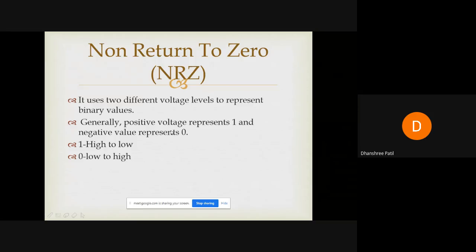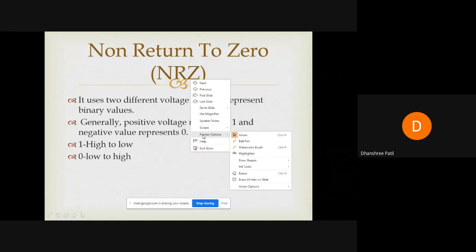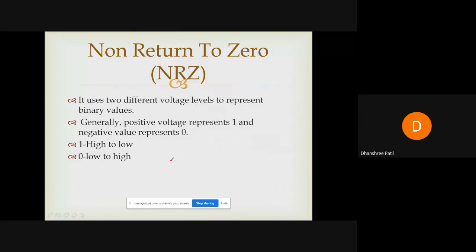So if it is 1, there will be a positive pulse, and if it is 0, there will be a negative pulse. And 1 is high to low, and 0 is low to high. This is for your information, to show how positive and negative are represented. So 1 represents high to low, and 0 is low to high.